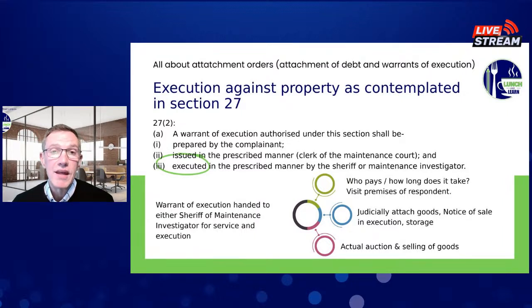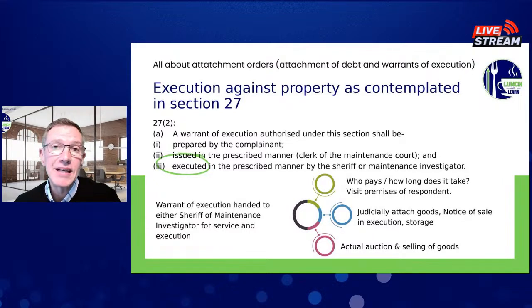The goods that have been attached need to be stored at some place, and those all rack up costs. So the state can, in certain instances, pay for that, and I'll discuss that in a couple of slides. But very often, it is expected of the complainant to foot the bill for these types of executionary steps. During the auction, like we said, there's an actual auction that would be held.